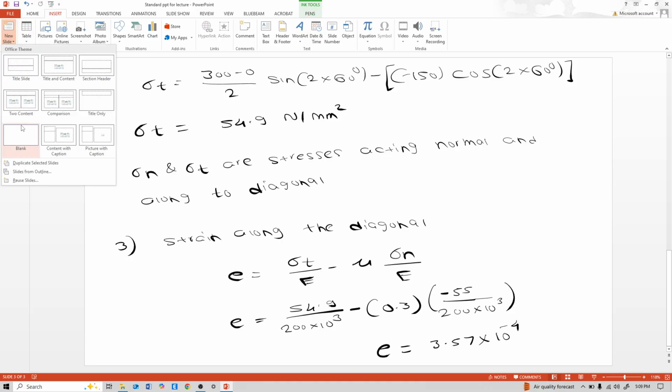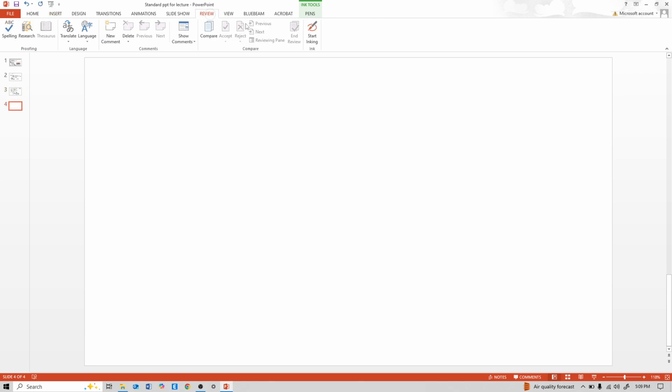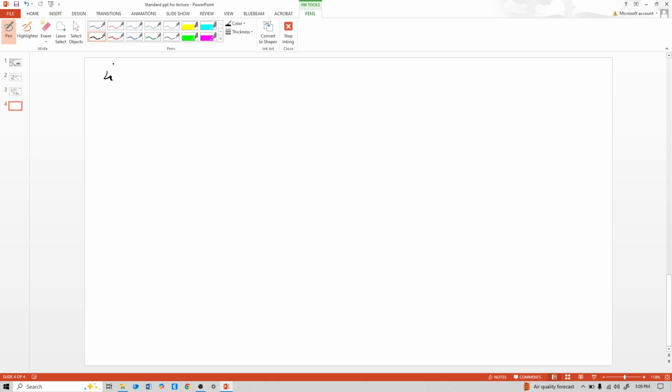Our objective is to find the change in length of this diagonal. Strain along the diagonal is nothing but the change in length of the diagonal upon the original length of the diagonal.